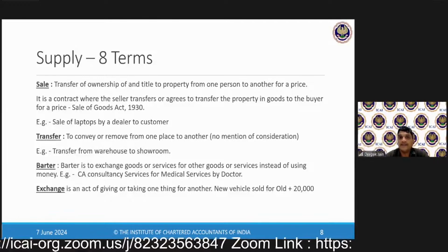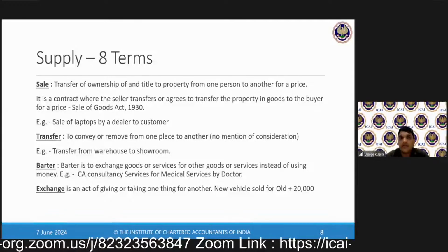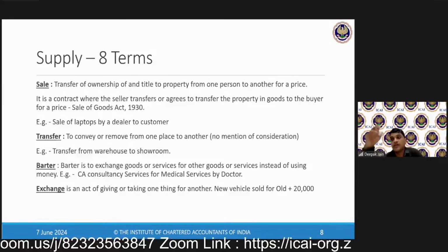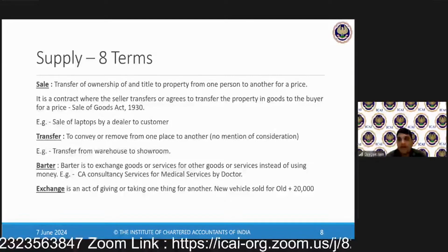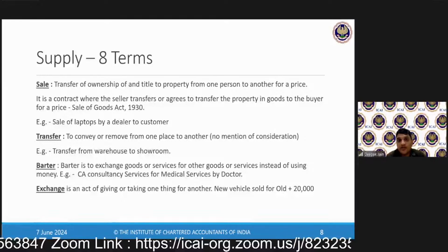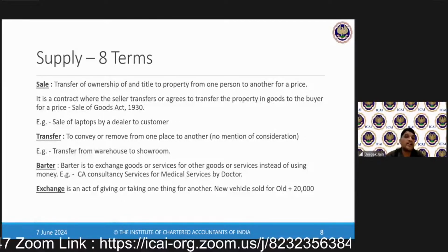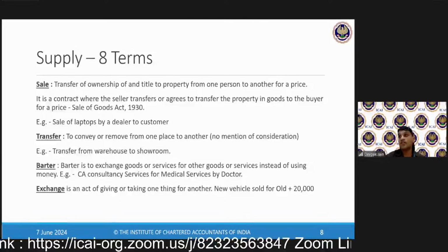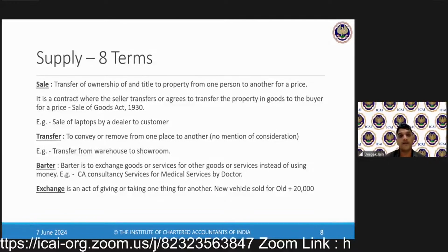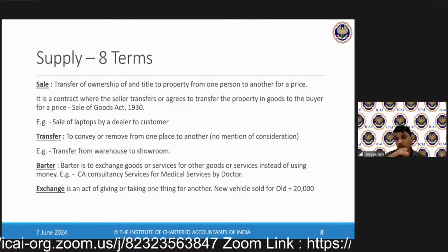Even if I give some money consideration, still it is not a sale because a sale means transfer of the ownership, complete ownership, wherein if I give it to you, you should have a right to say no to me also. You can say yes or you can say no also, wherein the ownership is completely transferred. In this case, I'm not transferring the ownership.